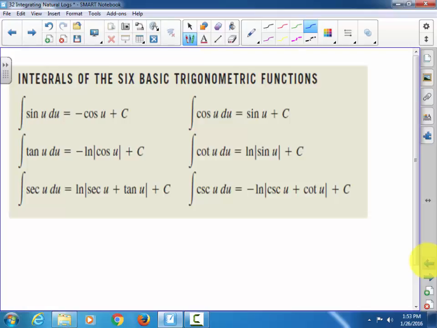Obviously, you need to know these 2, and we just did that one. If you know those 3, I think you're going to be in pretty good shape. The others, you may have to find them sometime, you may not.